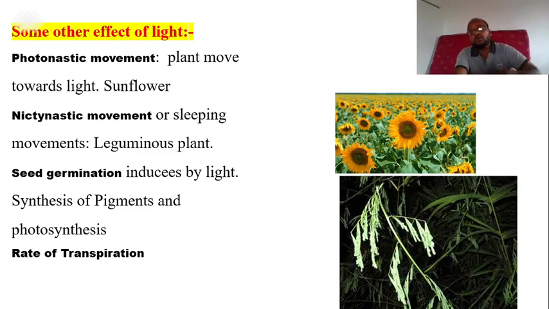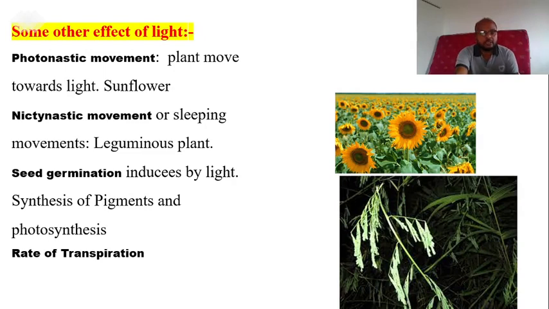As well as seed germination is also induced by light. There are certain plants in which light induces pigment formation, and in all plants photosynthesis is also affected by light, which we have studied earlier.